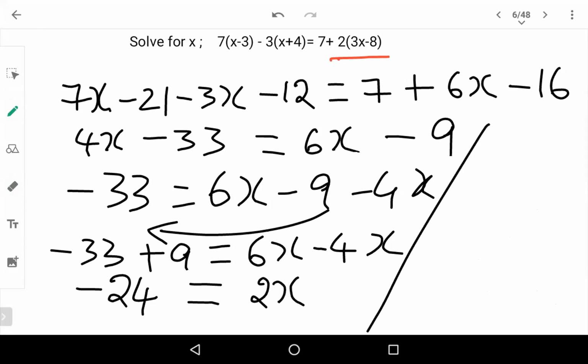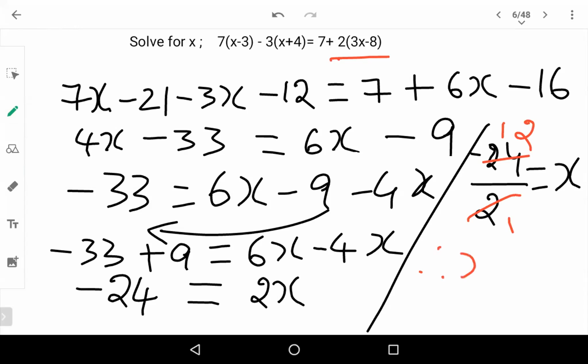Minus 24 divided by 2 is equal to x. 2 ones are 2, 2 twos are 4. Therefore, x is equal to minus 12.